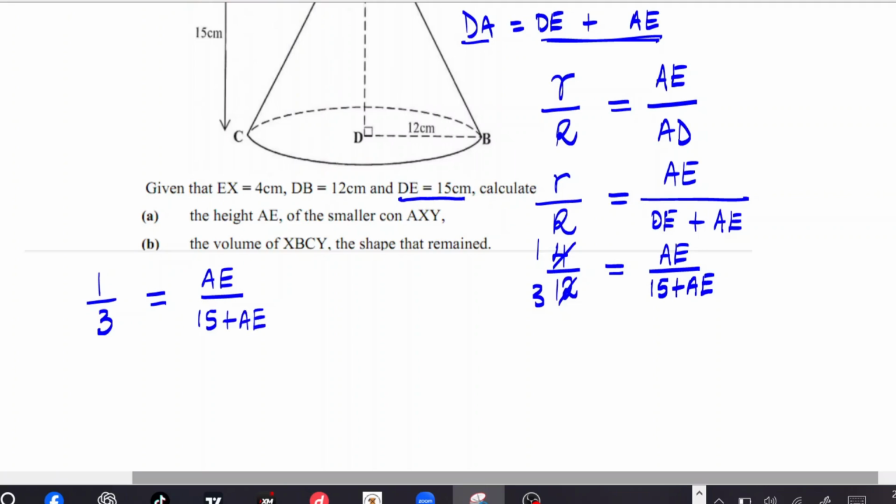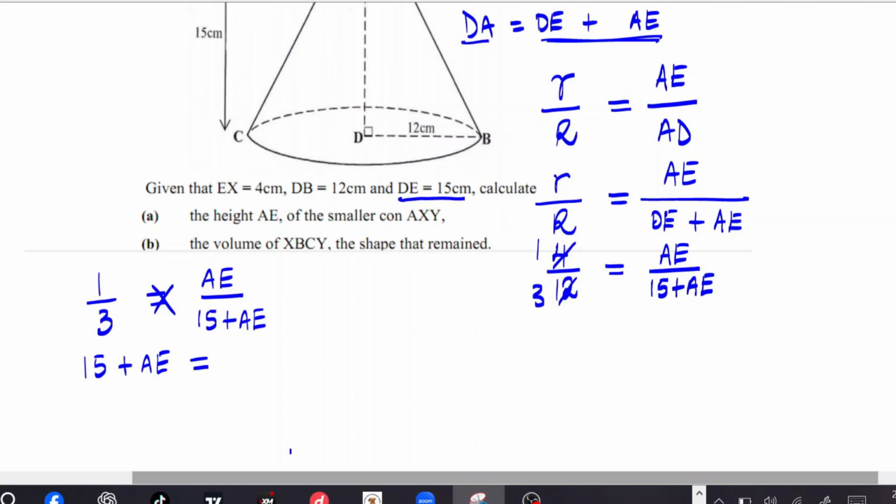Then these are fractions. We have a fraction here and a fraction here. So we can get rid of the fractions by cross multiplication, where we say that 1 times what is down on the other side. The numerator 1 times the denominator 15 plus AE gives us 15 plus AE, equals 3 times AE.